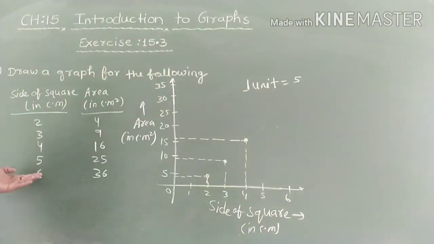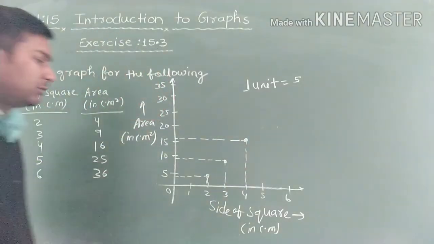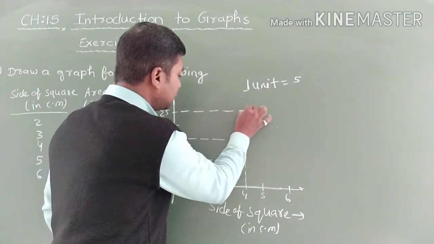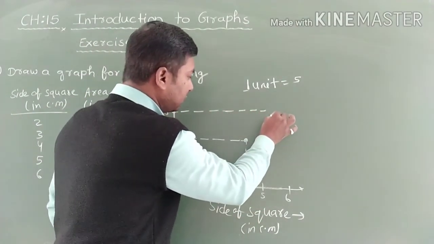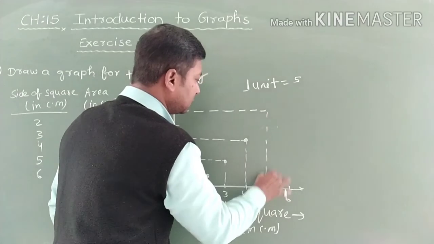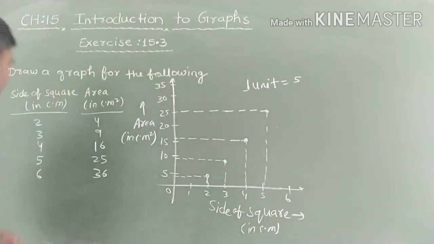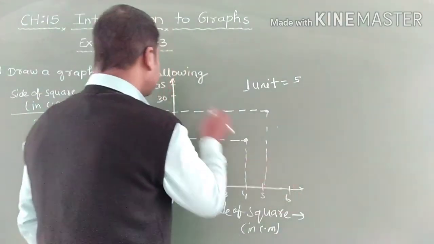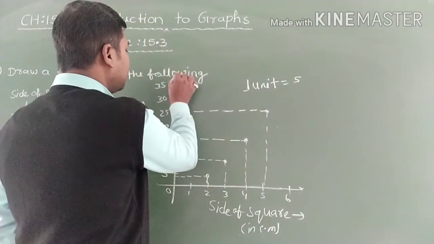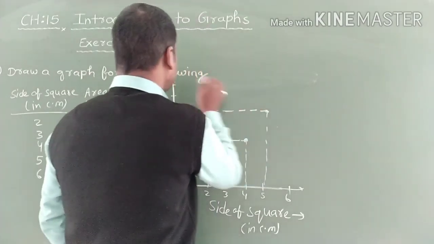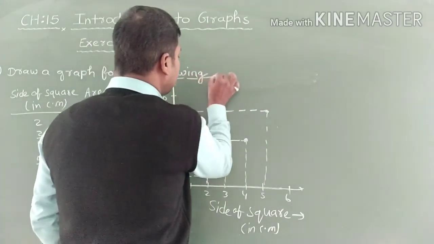Similarly 5 and 25. So this is 5 and this is 25. Now we can draw here. So this point. Now next one is 6, 36. So this is 6 and this is 35. So it will be 36. So we can write like this.